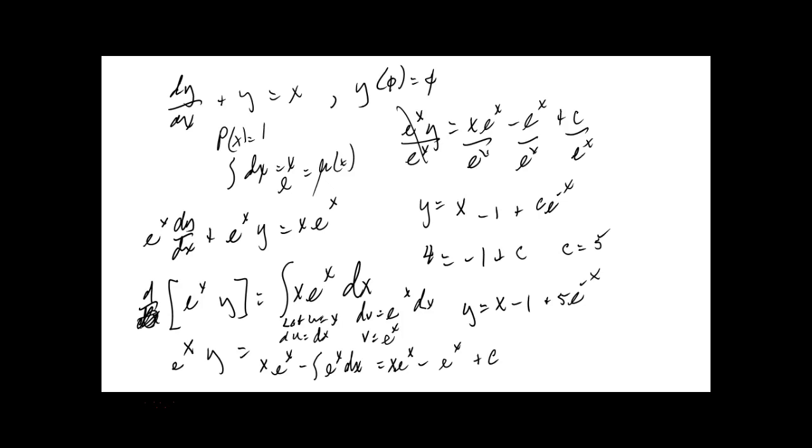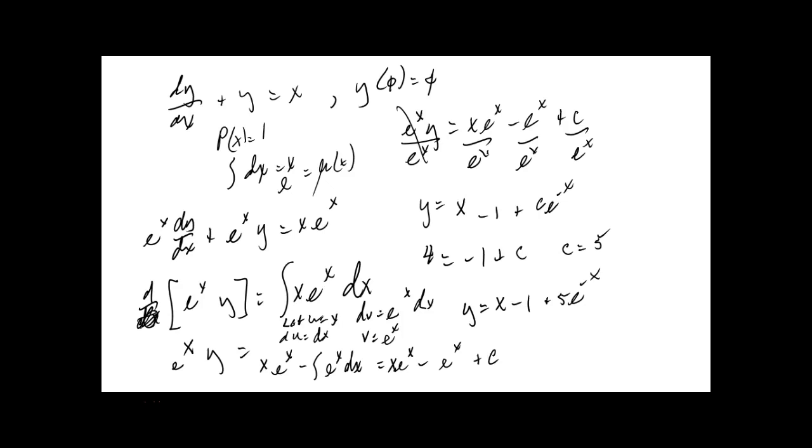For very large x's, you're approaching the line x minus 1, okay? Anything much less than 4, then you're deviating from that. But anything beyond 4, you're awfully close to x minus 1. So that's the curve you're on, the one that passes through 0, 4.